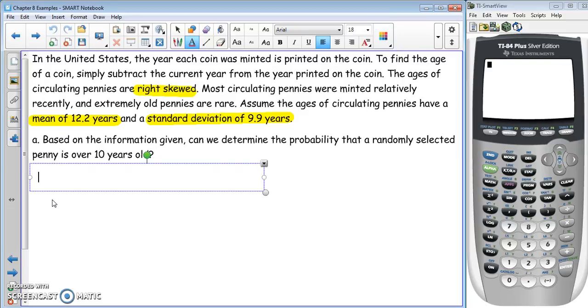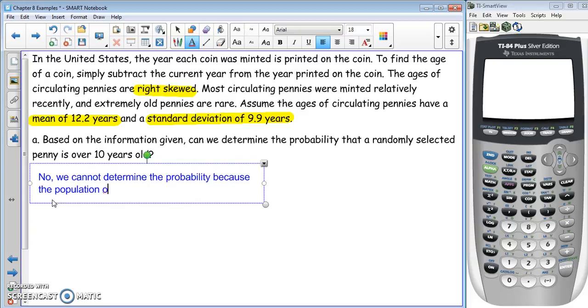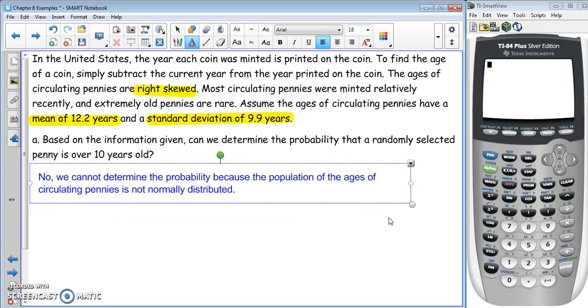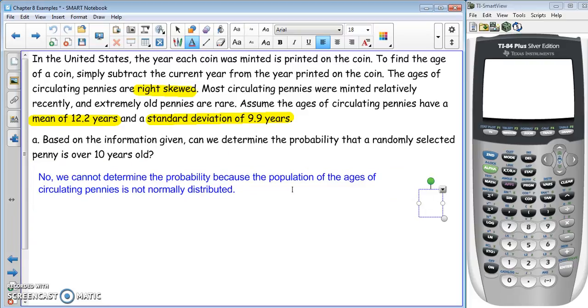So no, we cannot determine the probability because the population of the ages of circulating pennies is not normally distributed. We need one of two things: either the population needs to be normally distributed, or, since we're working with sampling distributions, the sample size needs to be larger than 30 in this case with sample means.